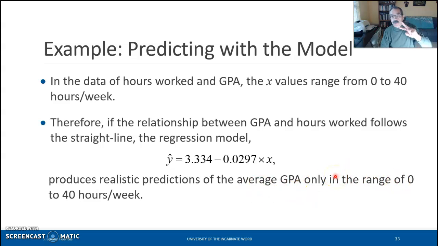So two big assumptions. Number one, this is a true relationship of GPA on the number of hours worked per week, and predictions made with this model can only be for 0 to 40 hours per week, because that's the only range of values that we obtained data for. You need to keep this in mind when you use your regression model to make predictions.